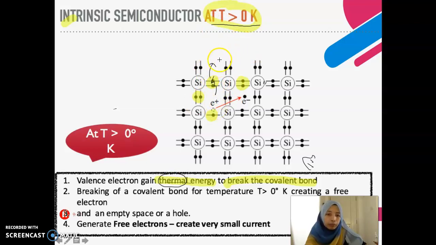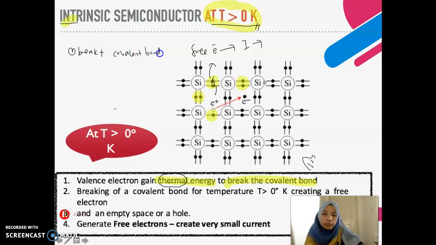So when it is broken, there will be a free electron exists inside the semiconductor. Once there is a free electron, there will be a current. So when your pure semiconductor is heated more than 0 Kelvin, first, it will break the covalent bond.